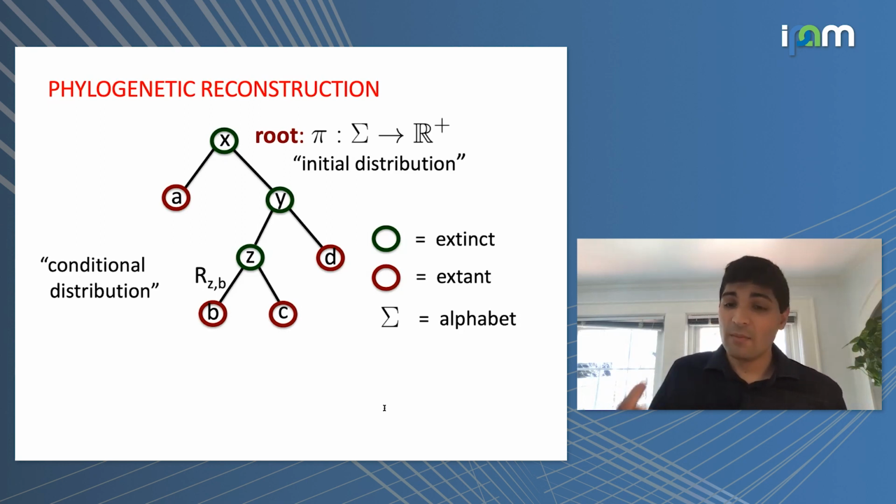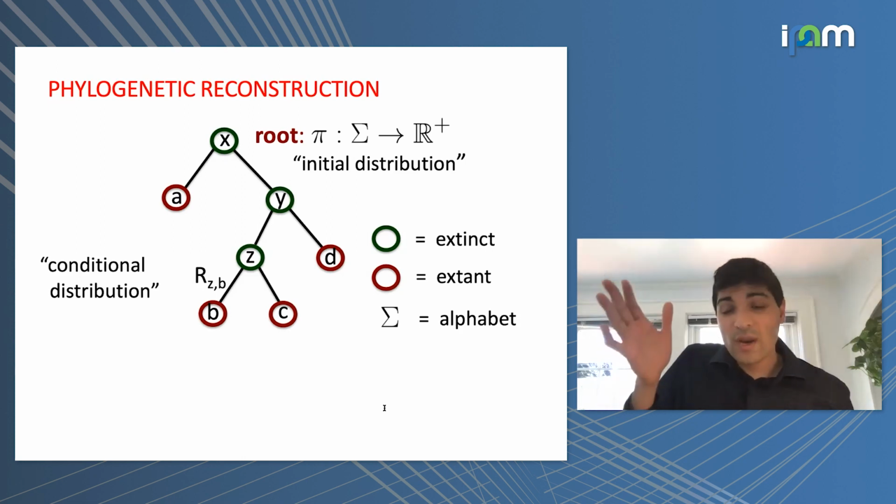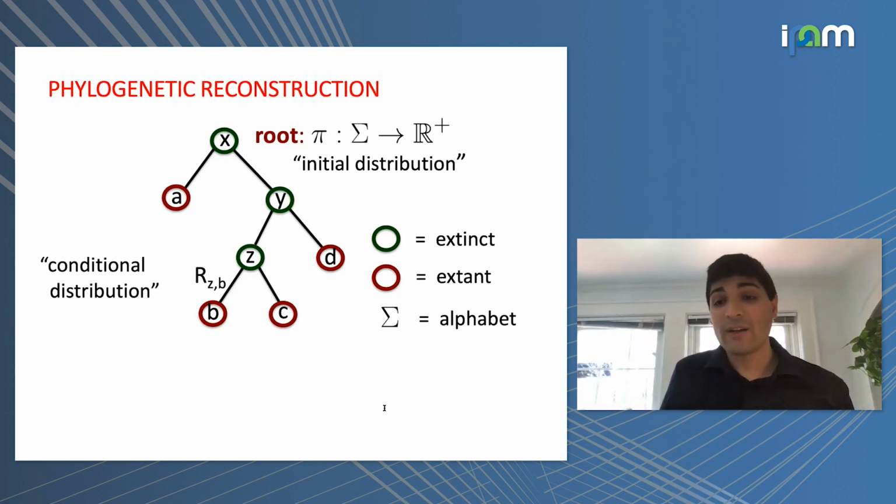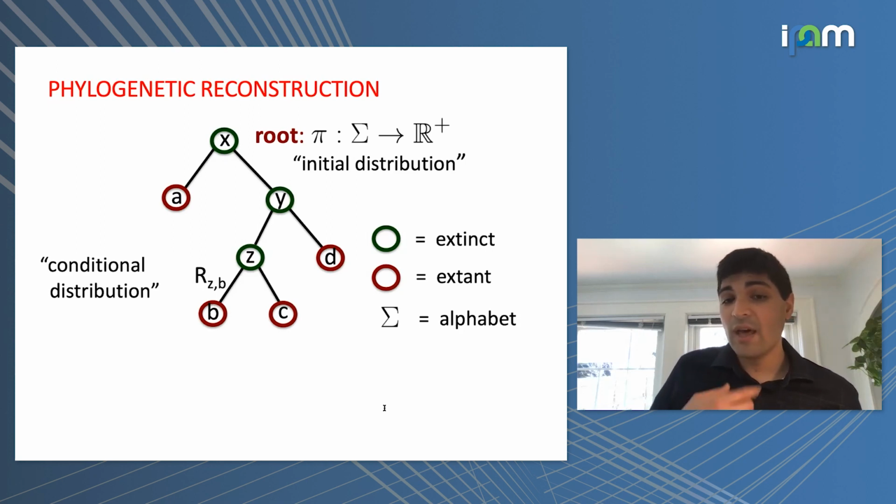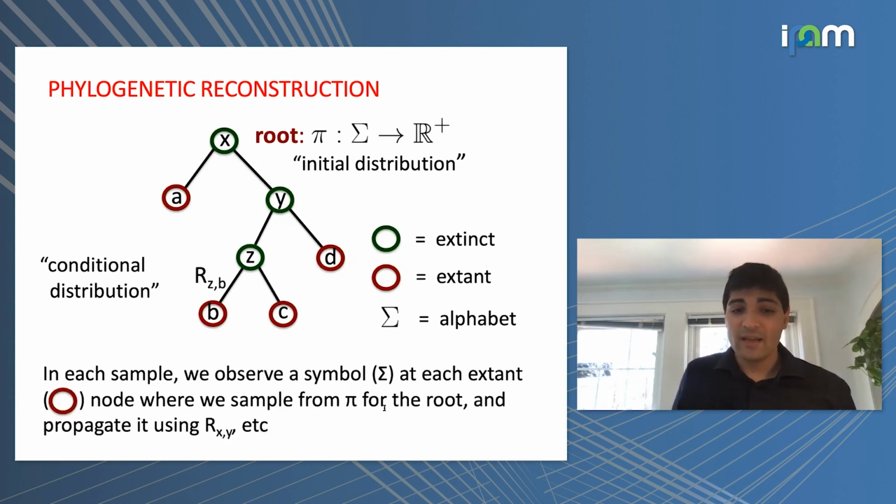If you tell me the symbol at Z, then when I take an indicator vector for that symbol being there and multiply it by this matrix, I get the conditional distribution on what the symbol is at the corresponding red node B. So what this process looks like is that in each sample, we observe a string whose entries come from this alphabet sigma, but the catch is that we only observe it on the extant species.